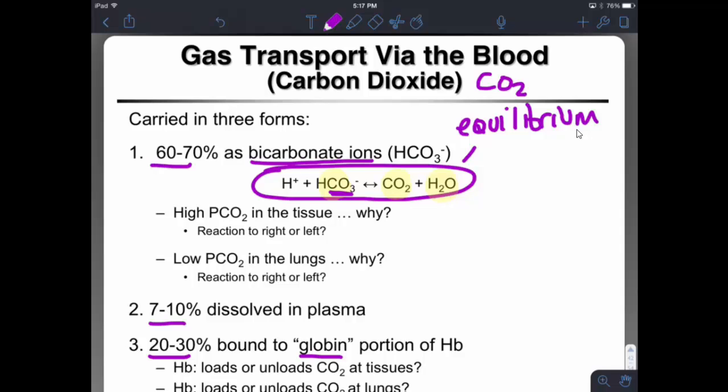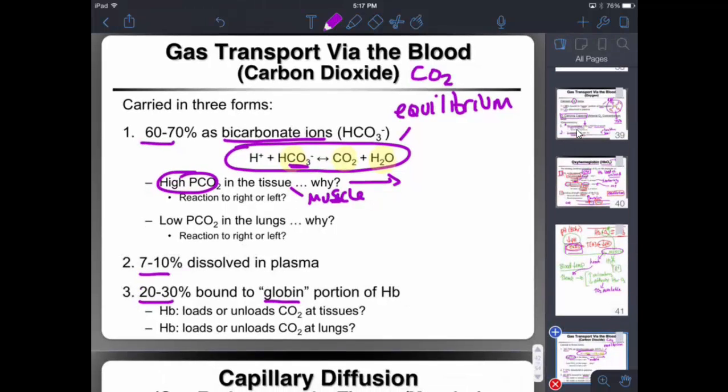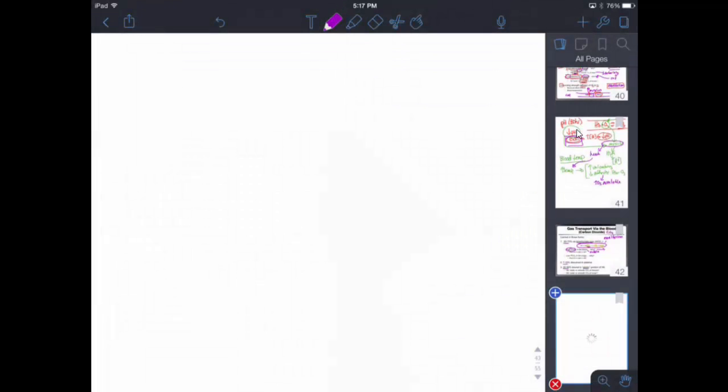So the PCO2 in the tissue, or the muscle, is relatively high. Why is that? Because the muscle is producing CO2, right? Hopefully this looks familiar.